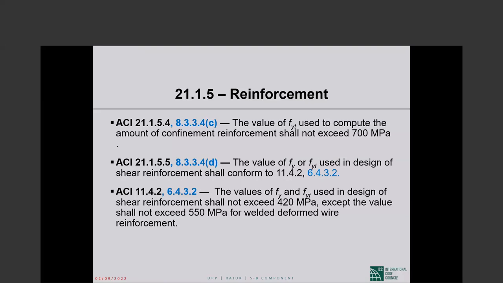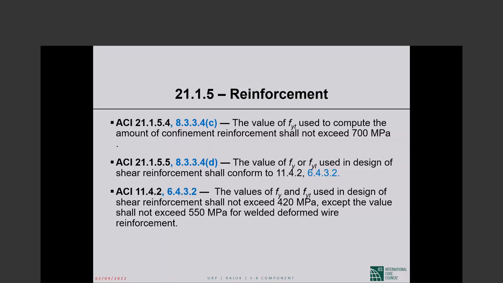But when the same reinforcement acts as shear reinforcement, we should not count on yield strength beyond 60 ksi, because if we do, we will be looking at wide shear cracking in our beams, and that is very objectionable.